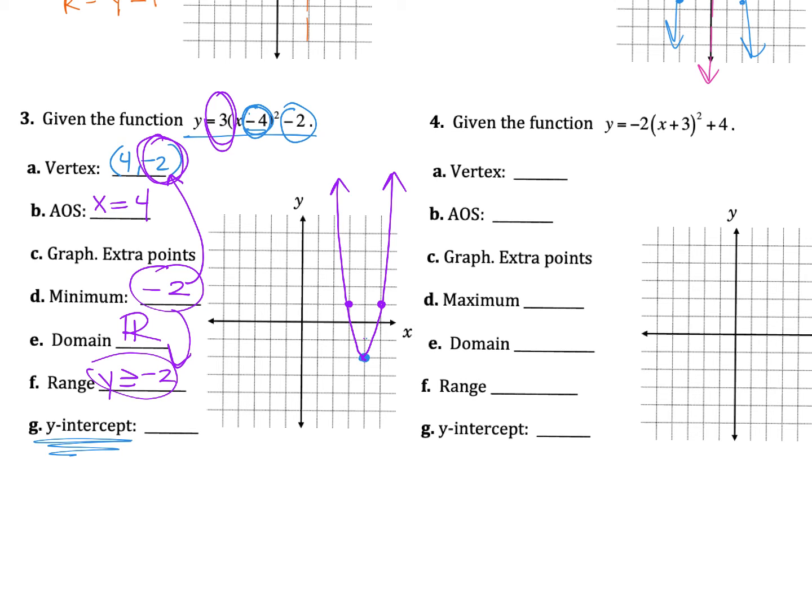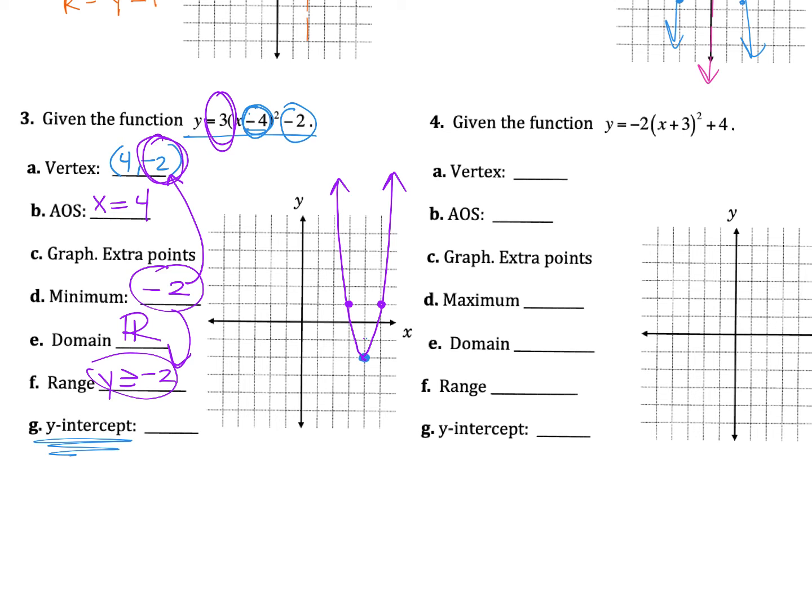Okay, here's the new one. How do you find the y-intercept? There is a y-intercept. You could rearrange it into y equals, no, you couldn't, because it's a quadratic. So that's a good thought, but no, you couldn't actually do that. Not point slope. Think about a y-intercept.